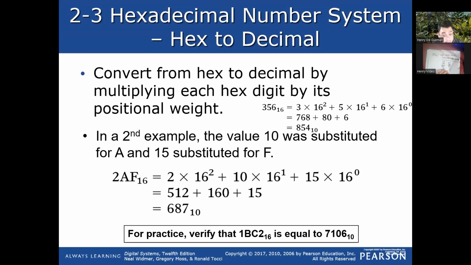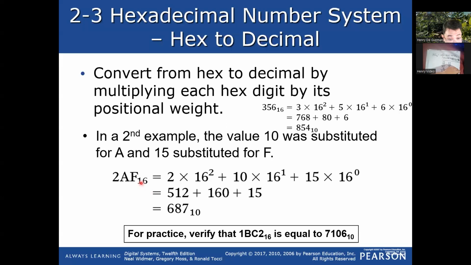In the second example, the value 10, itong 10, convert natin into A, was substituted by A and 15 substituted by F. So, kasi 2AF yan, 2 times 16 raised to 2 plus 10, that is A, times 16 raised to 1.